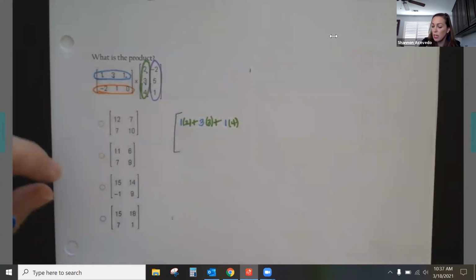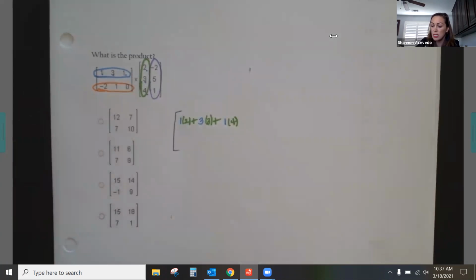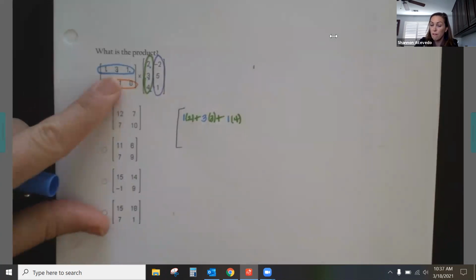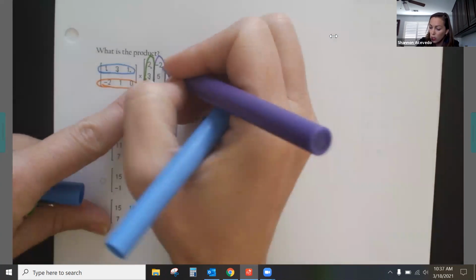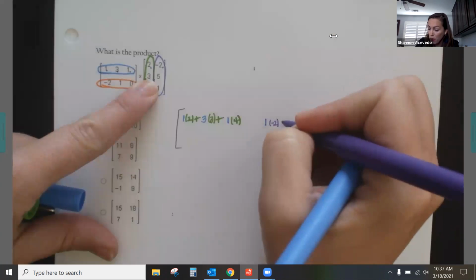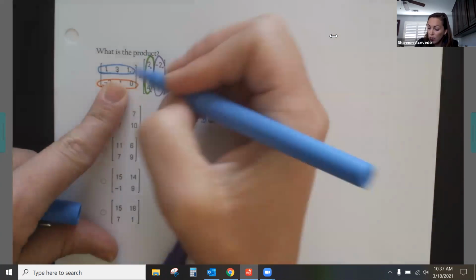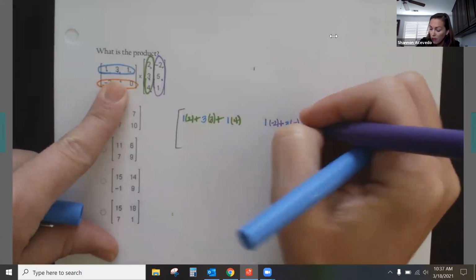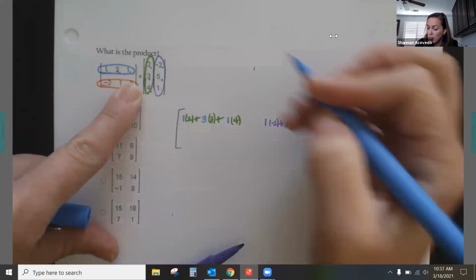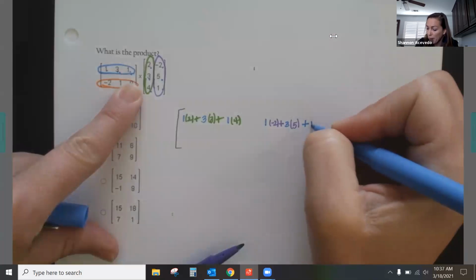And then we're going to go to the second column. Still first row, second column. So it's going to be 1 times my negative 2, plus 3 times my 5, plus 1 times 1.